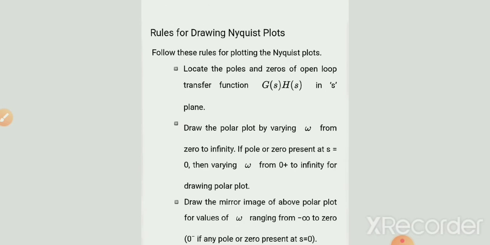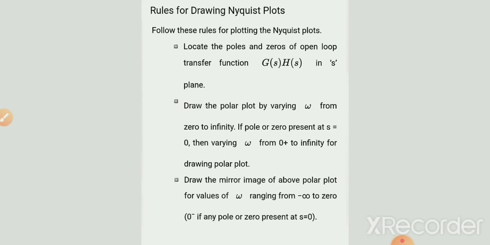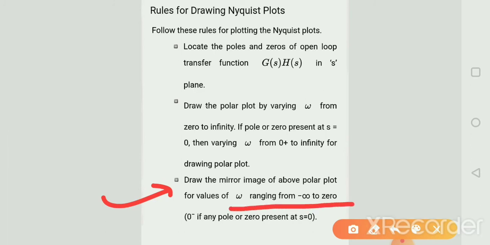Here we have some rules for the Nyquist plot. At first we make the polar plot, and by this we draw the mirror image above the polar plot for the value of omega ranging from minus infinity to 0.